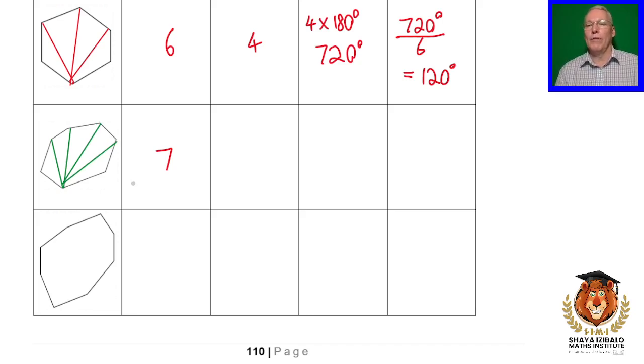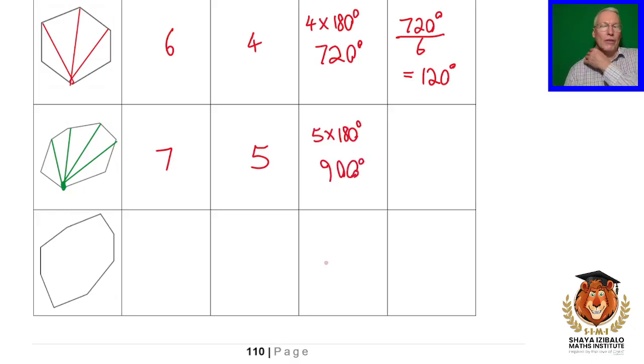I haven't drawn these very nicely at all because they should all come from this point. 1, 2, 3, 4, 5. All right, so now it'll be 5 times 180. 5 times 180 is 900 degrees. So in a 7-sided shape, all the angles add up to 900, and each angle will be 900 degrees divided by 7. Okay, here's an 8-sided shape.